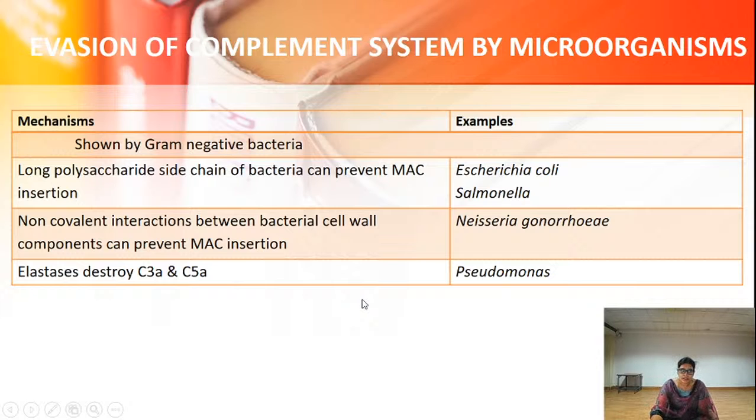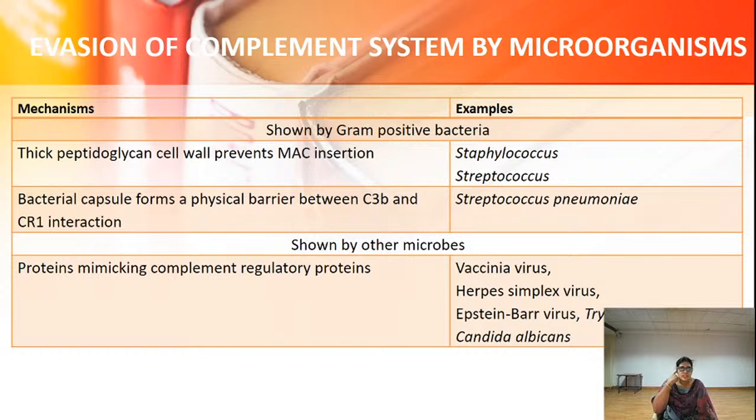Pseudomonas destroys C3a and C5a, which are the opsonins that initiate phagocytosis or increase the inflammatory response. Staphylococcus and Streptococcus also prevent the MAC insertion. Pneumococci, and vaccinia viruses majorly release proteins which resemble complement regulatory proteins.